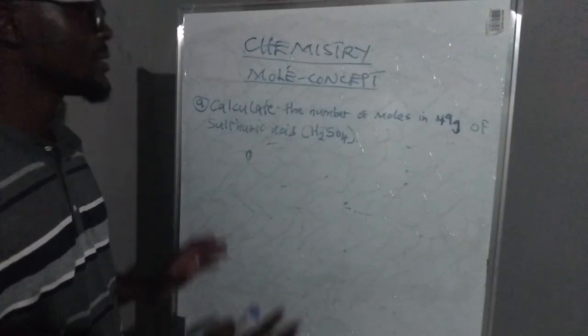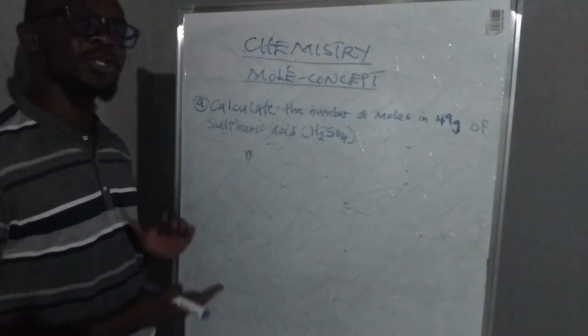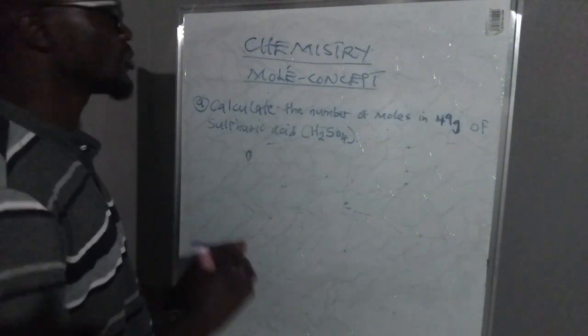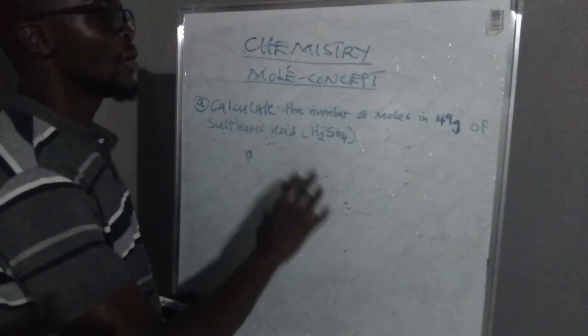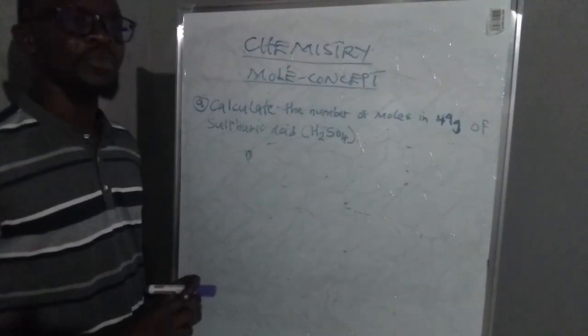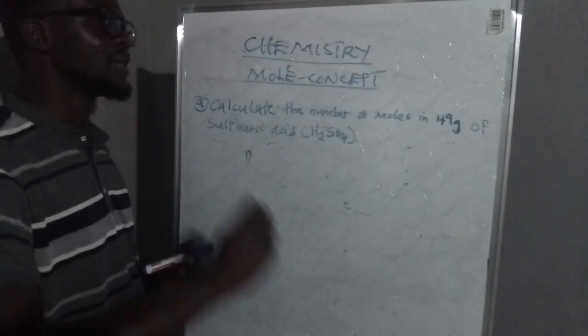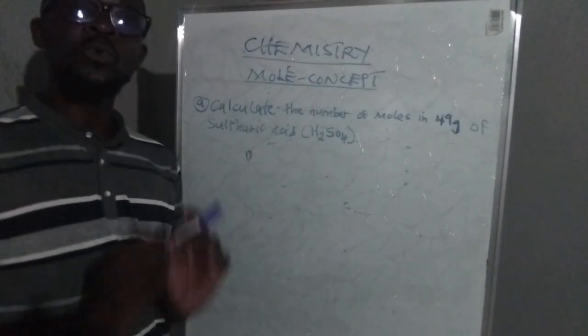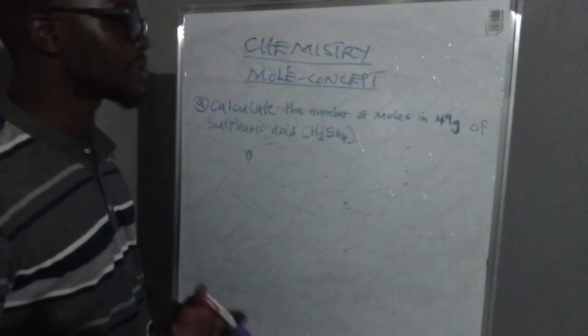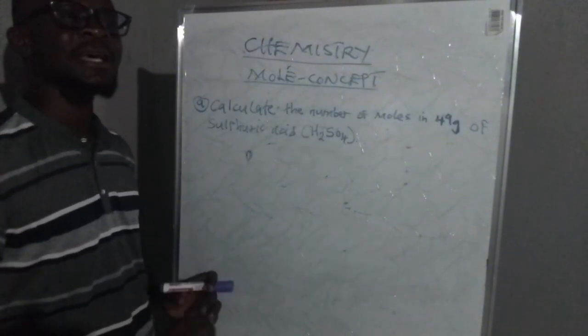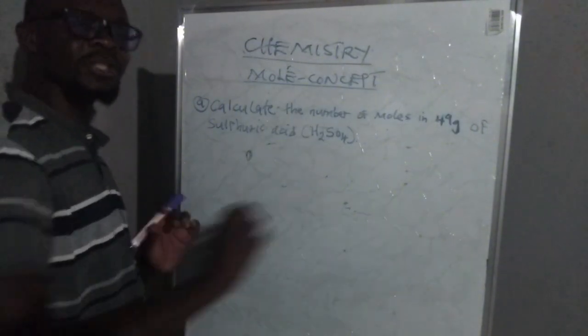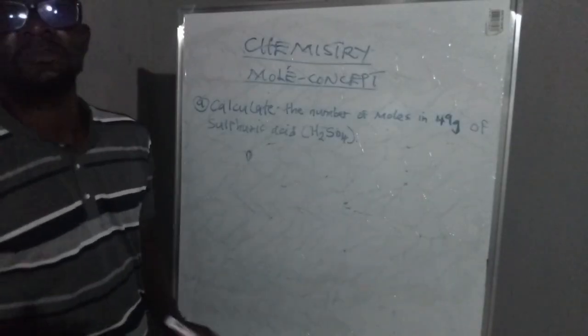Having this understanding, the second category is: when do you know that they're asking you to find the number of moles, and when do you know that their interest is in particles, molecules, or atoms?